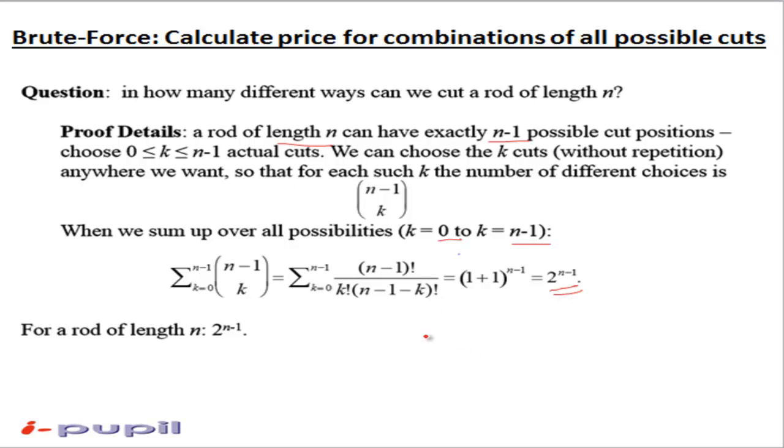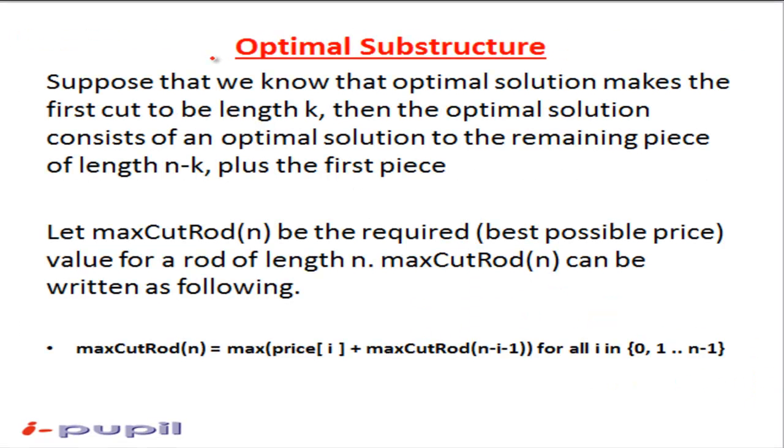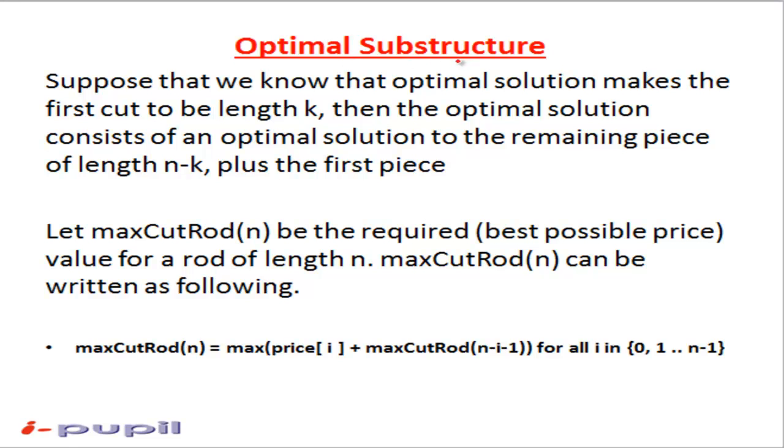This is the sum of the binomial expansion of 1 plus x raised to the power n minus 1 equal to n minus 1 c0 plus n minus 1 c1 x plus and so on till n minus 1 c n minus 1 x raised to the power n minus 1. Putting x equal to 1 in it, we get the total number of possible combinations to be 2 raised to the power n minus 1.